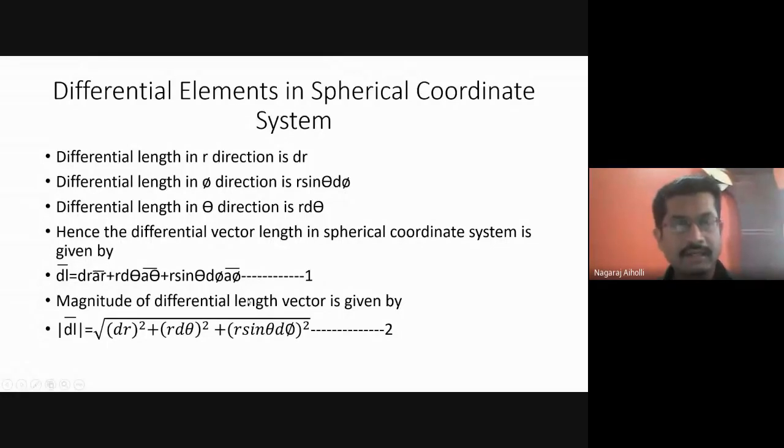Next, to find the magnitude of this differential vector length, we take the square root of the sum of the squares of the components. That is, the magnitude of dl bar is the square root of dr squared plus (r d theta) squared plus (r sine theta d phi) squared. Take it as equation 2.